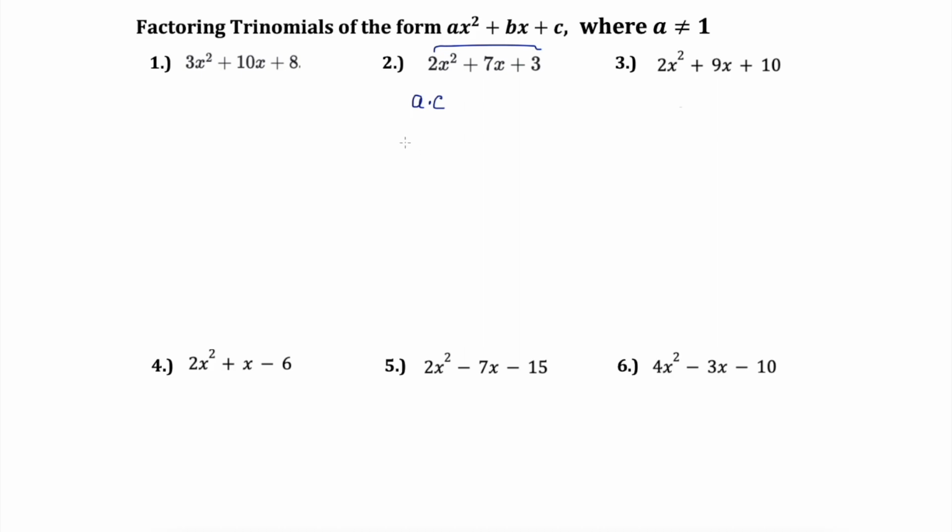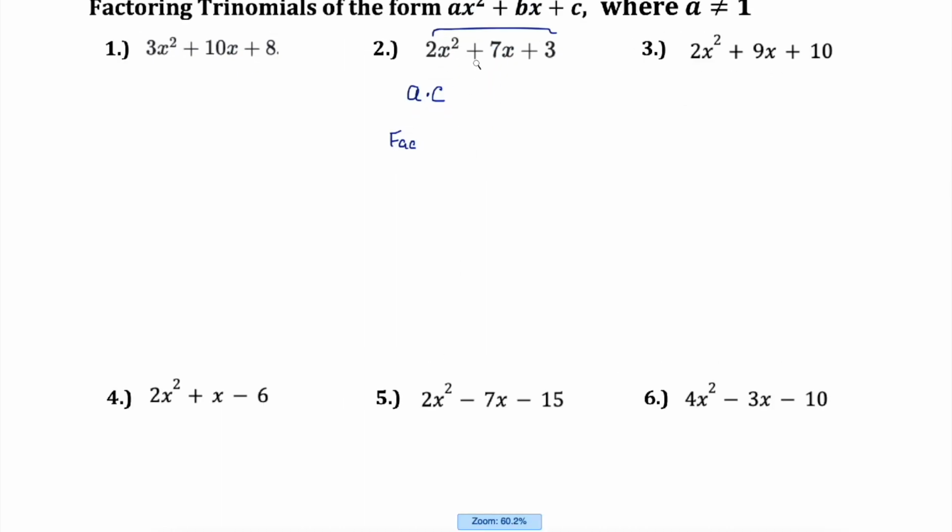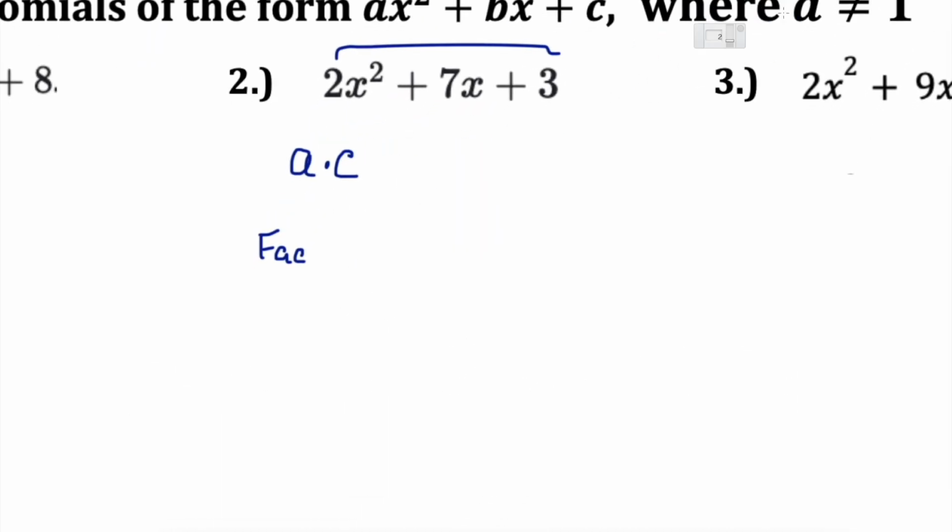Okay, 2 times 3 is 6. So we have to find the factors of 6, because that's 2 times 3, that add to our middle term b, a 7.